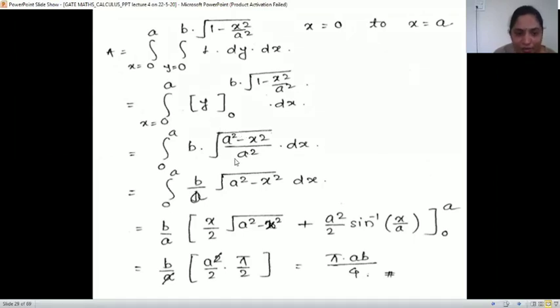So b by a outside, square root a square minus x square, and now we integrate. b by a is outside as constant, root a square minus x square is x by 2 root a square minus x square plus a square by 2 sine inverse x by a, and the whole integration is from 0 to a. So a gets cancelled, it is pi ab by 4. So your answer is pi ab upon 4.